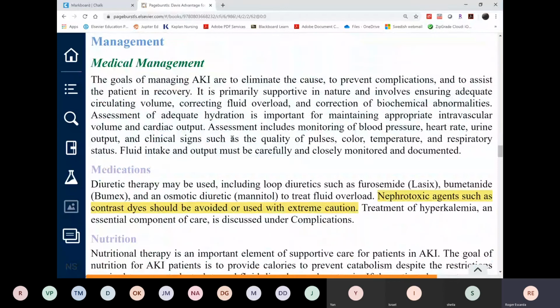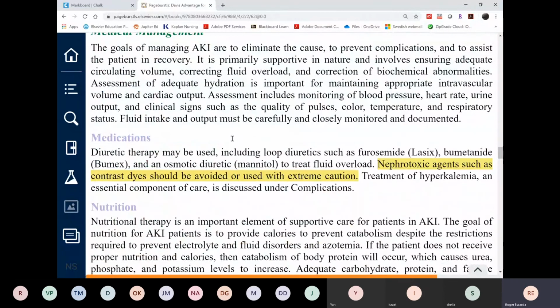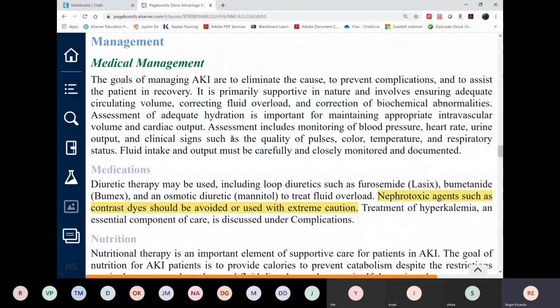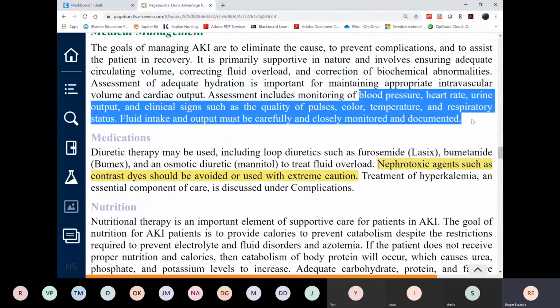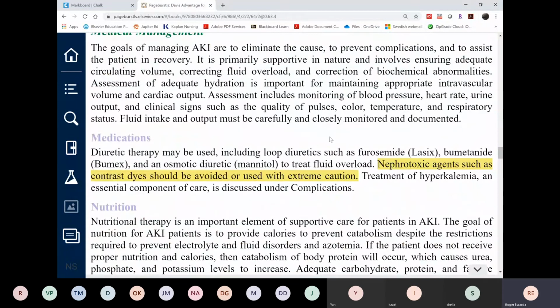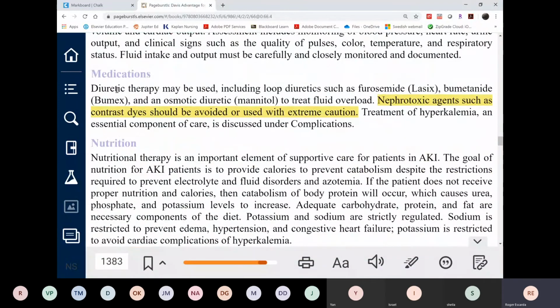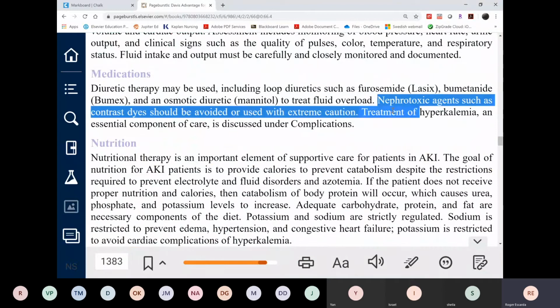So here is the management that you already told me. Okay, so no need to do it again because you already told me about the interventions. Here, medications, you gave me diuretics, and then of course we stop the patient from being, if possible, okay, we avoid nephrotoxic agents.